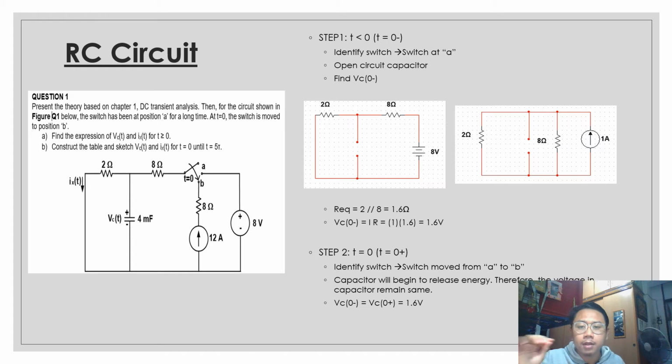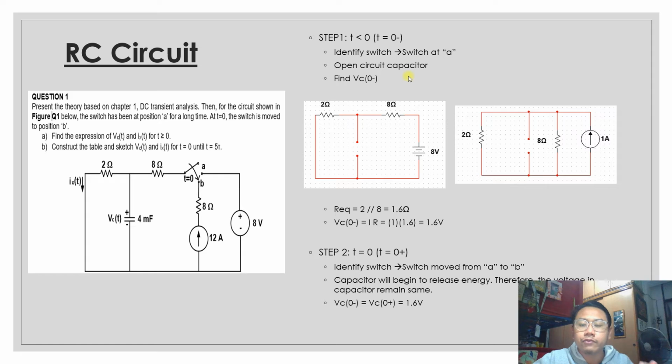So let's see step number 1. At t is less than 0, which is t is equal to 0 negative. The first thing we need to do is identify the switch. From this question, the switch is at position A at this step, and we need to identify that the capacitor will open circuit.